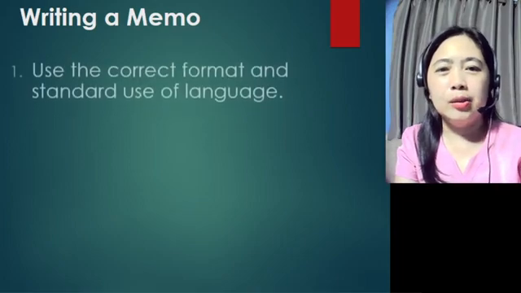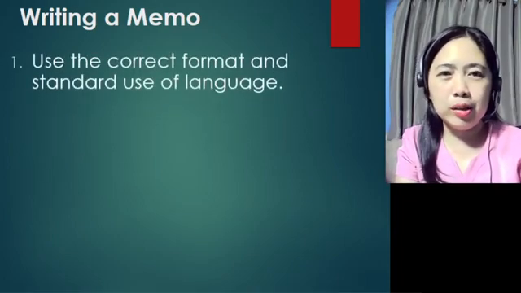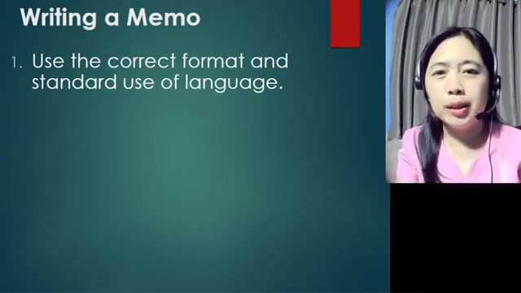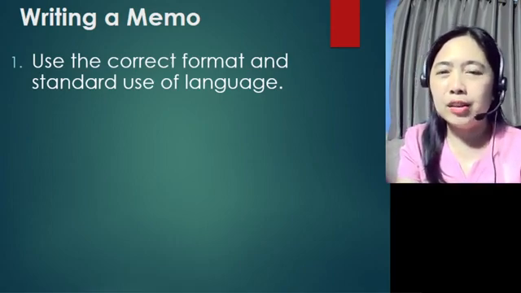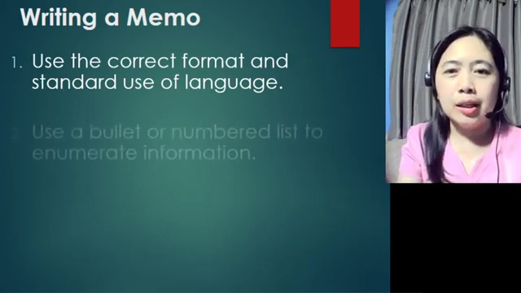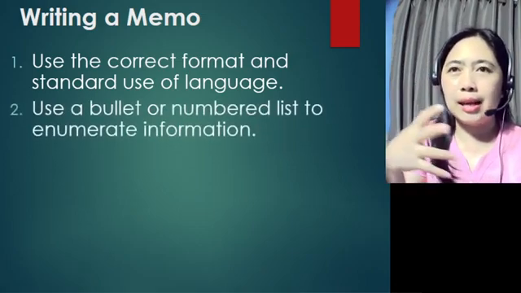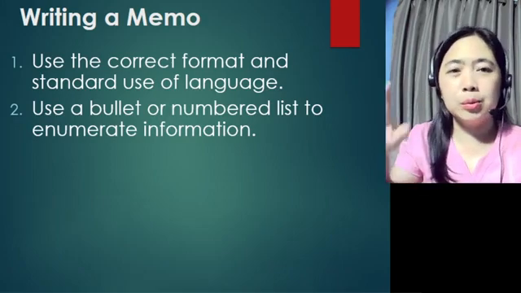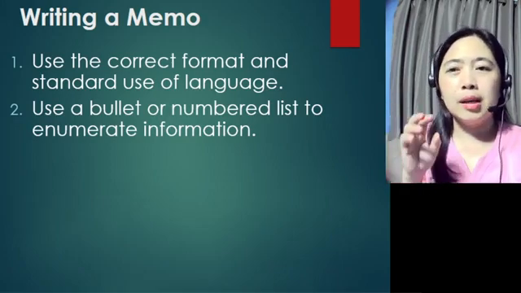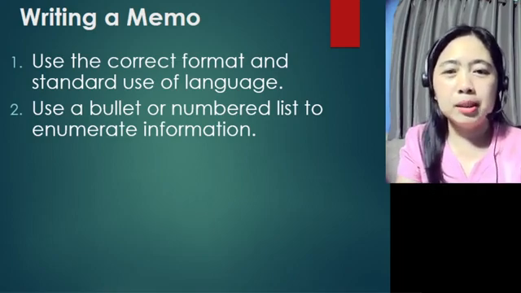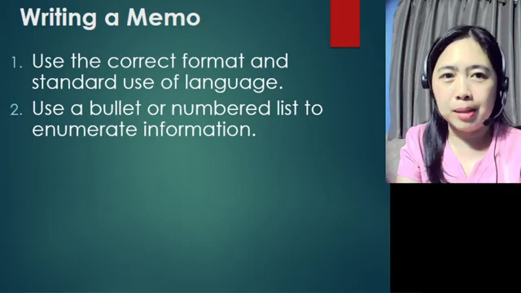So in writing a memo, we also have to follow a certain structure and format. We need to have the correct format and standard use of language. If you use American English, then the rest of the words should be American English too. Use a bullet or numbered list to enumerate information.